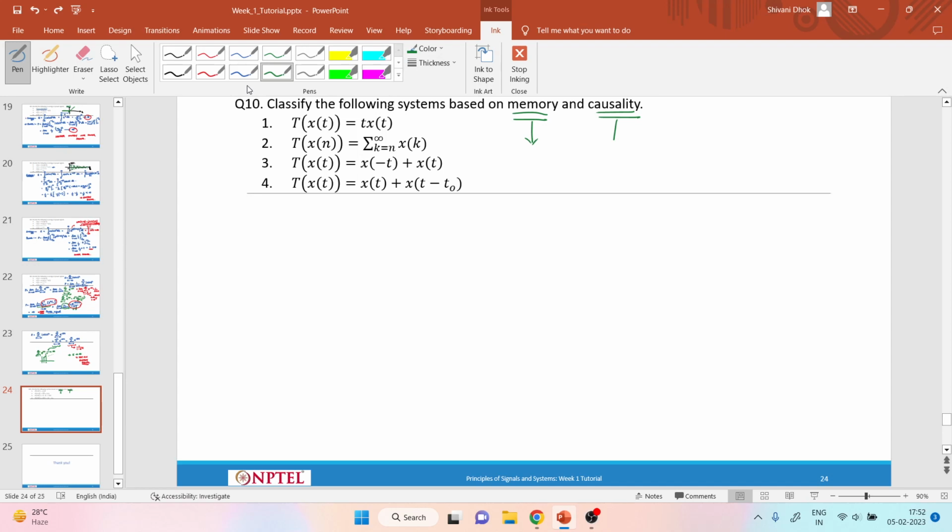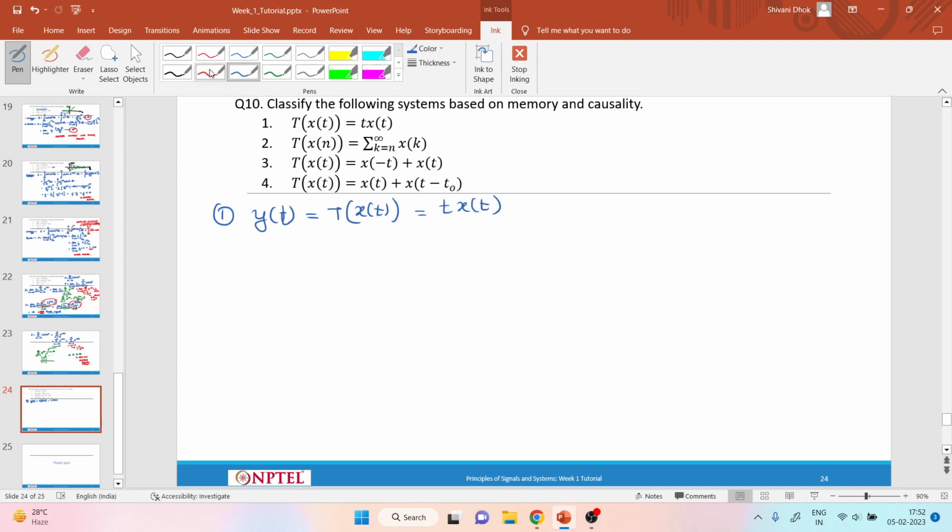So let's try to understand this using some examples. Let us look at the first one here. The output y of t of a system whose transfer function is T of x of t, that is, if I have an input of x of t, the output that I am getting is t into x of t.